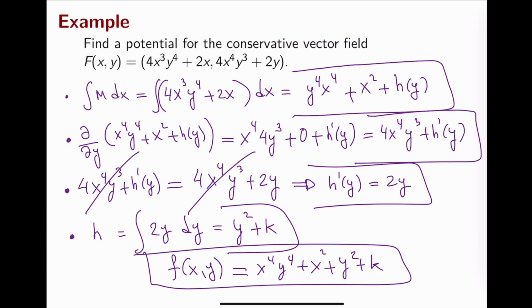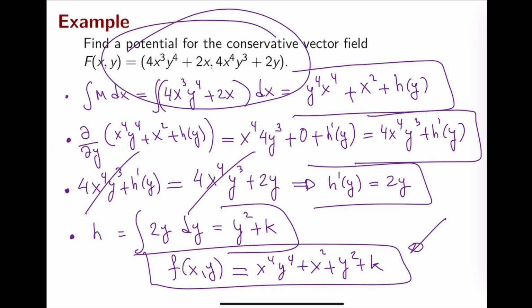So this is a potential function for this vector field. And if we are not sure, if maybe we made some mistake in the operations, a very obvious check here is to actually calculate the gradient of this. If you calculate the gradient of your potential, you should obtain what you started with.